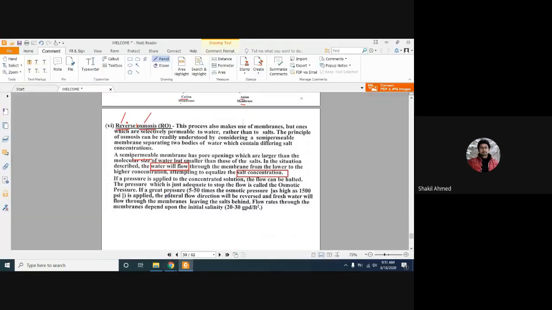So this is the pressure, and you need 1500 psi. The pressure is usually 5 to 50 times higher than the osmotic pressure, as high as 1500 psi. So you need to apply a pressure 5 to 50 times the osmotic pressure.